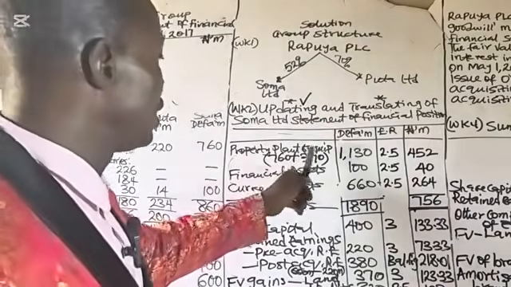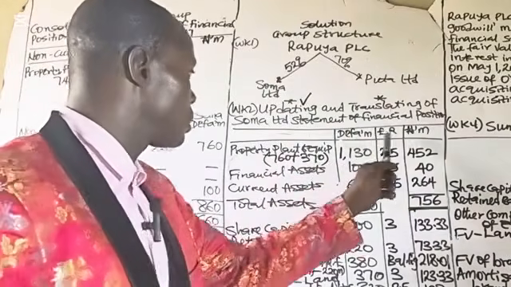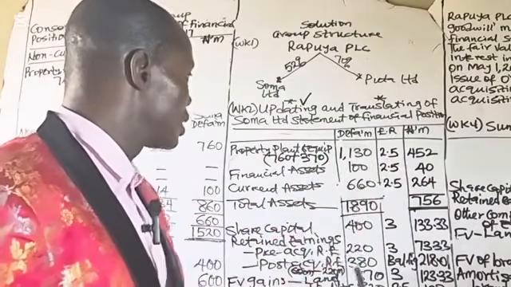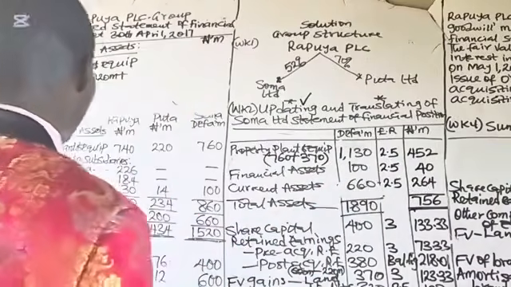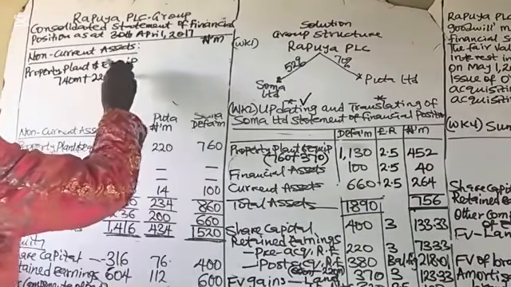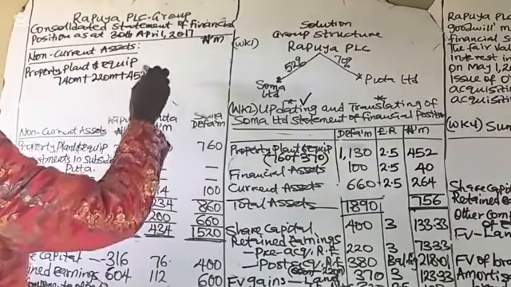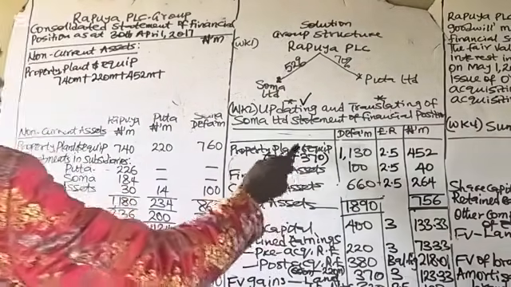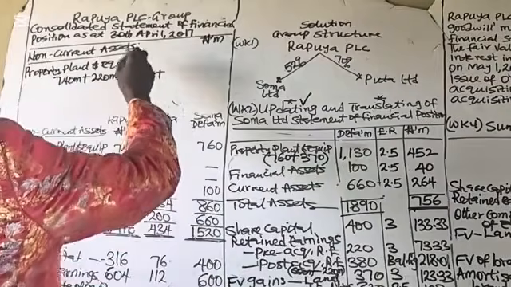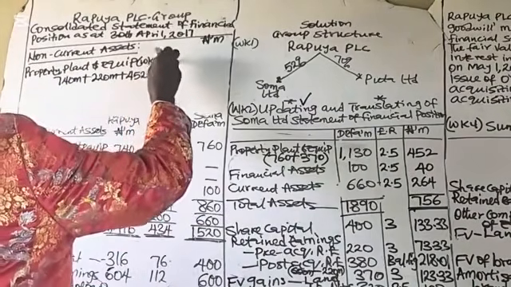From the schedule of updating and translation of Soma Limited net statement of financial position, we have property, plant, and equipment of 452 million. Now, this 452 is obtained from working 2 and working 4.